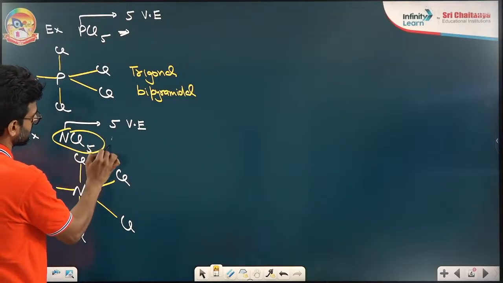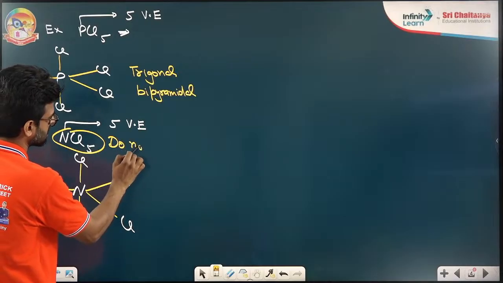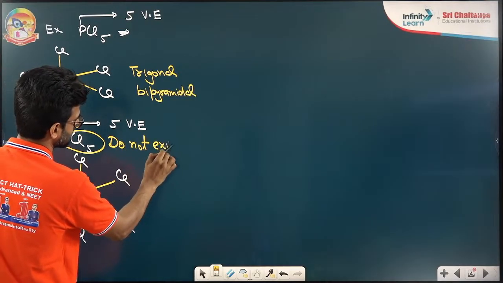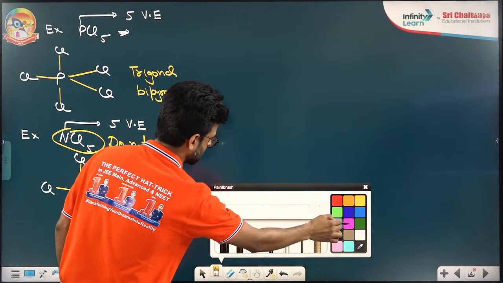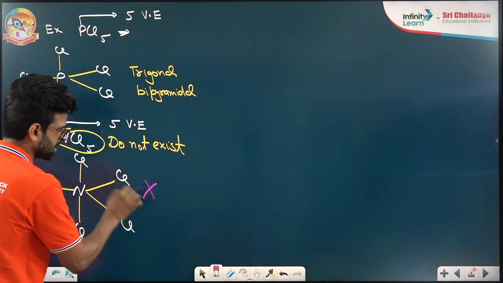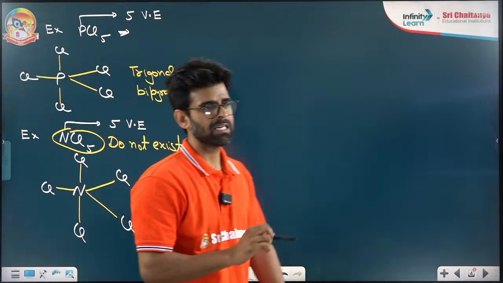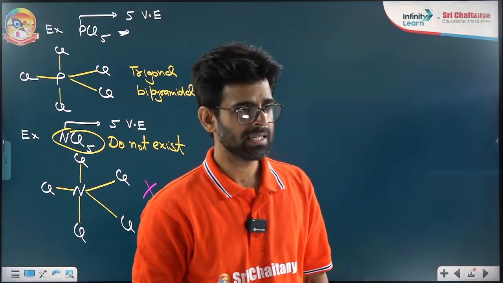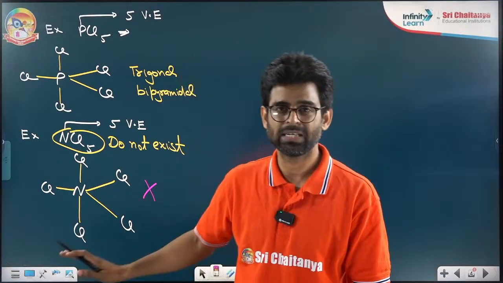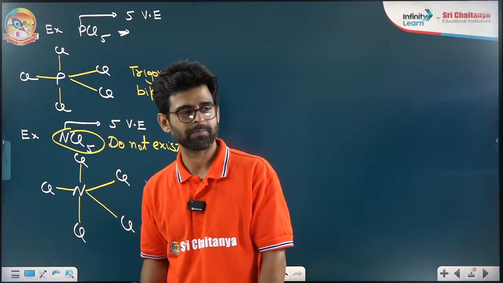No, NCl5 does not exist. It can't exist. So this is a wrong thing. It is wrong because nitrogen can never make 5 bonds.